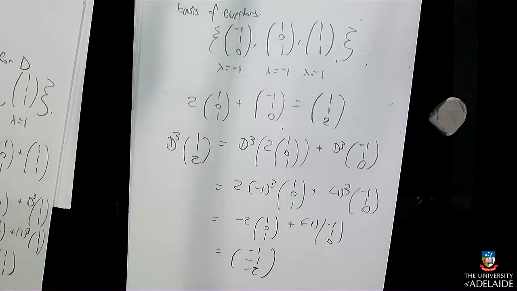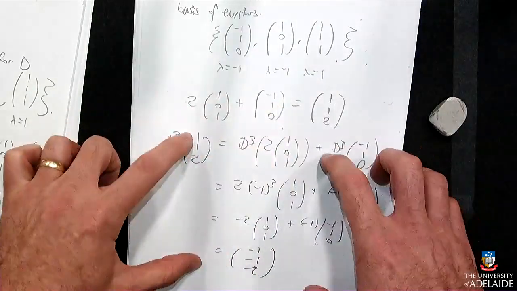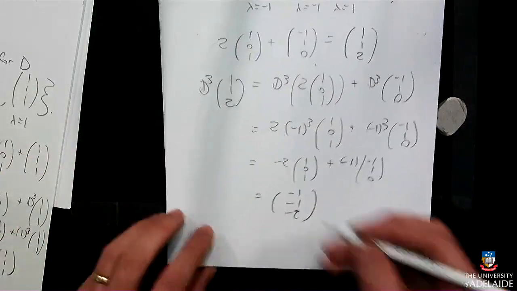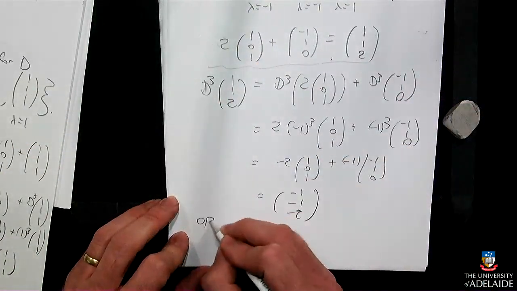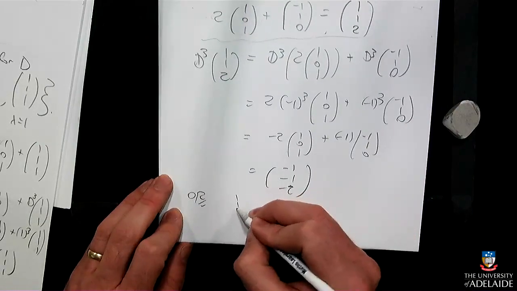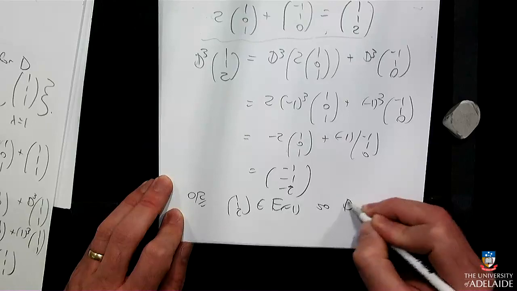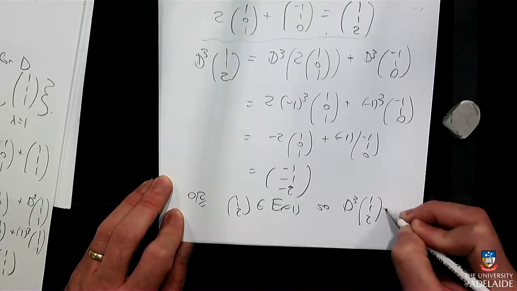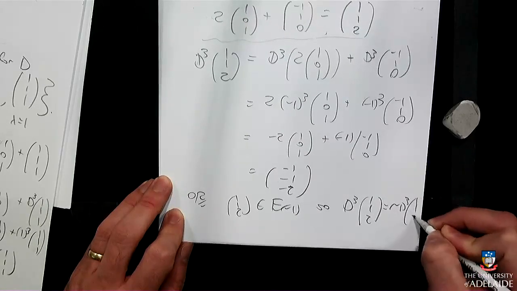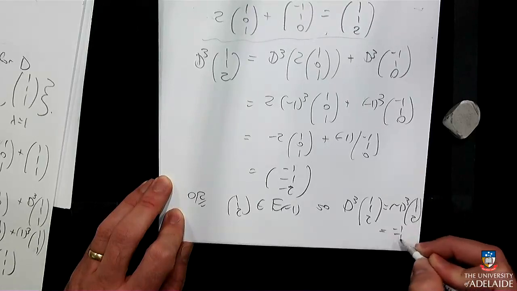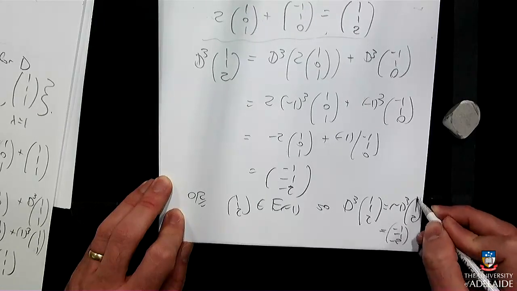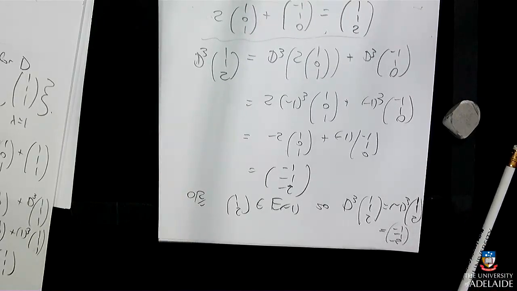I didn't need to do any of this. Well, I had to do this bit, but I didn't have to do that bit. 1, 1, 2 is in the eigenspace for negative 1. So D cubed times 1, 1, 2 is just going to be minus 1 cubed times 1, 1, 2. So cool. It's just awesome.